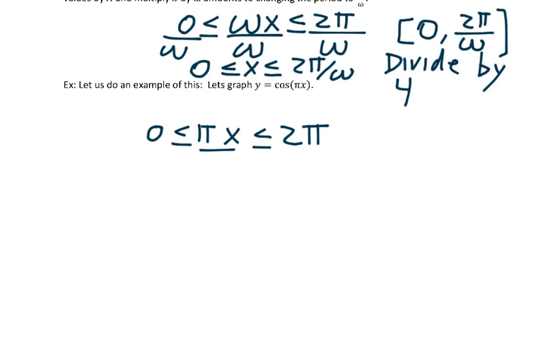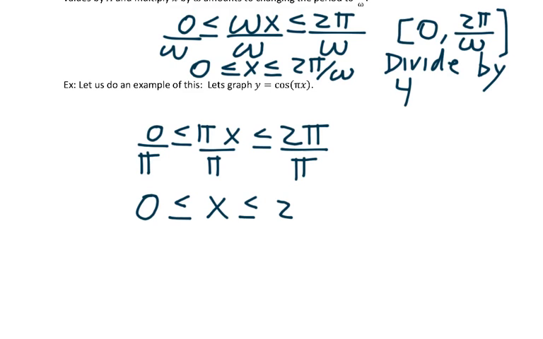So what do we do? We divide by pi. So we want to know, what does x have to do in order for cosine of pi times x to complete a full cycle? Well, on the left we get 0. In the middle we have x. On the right we have 2.